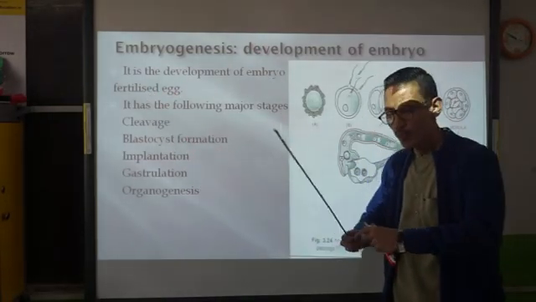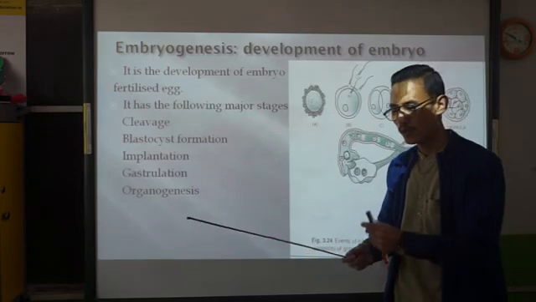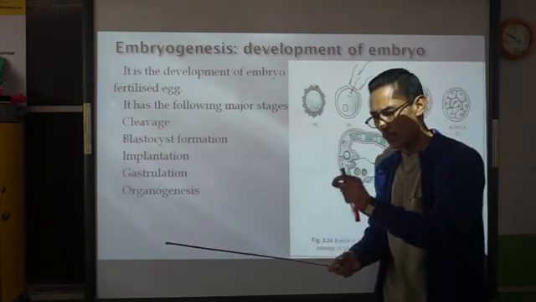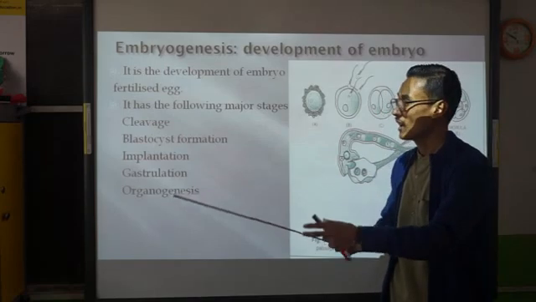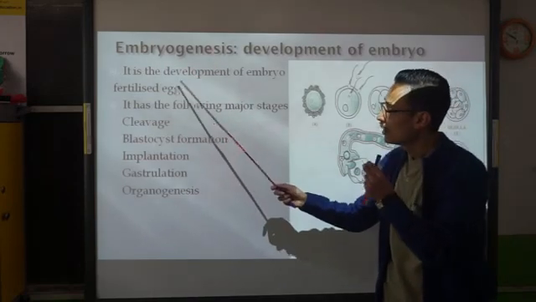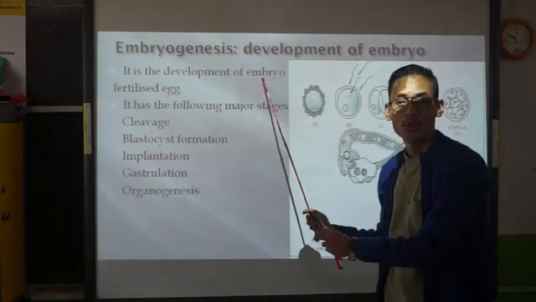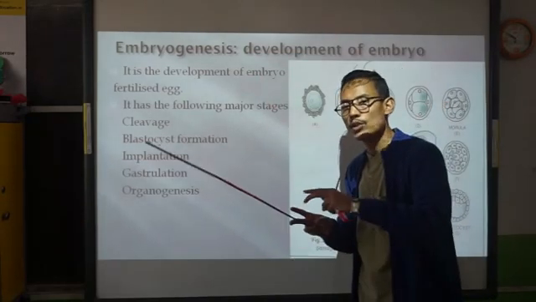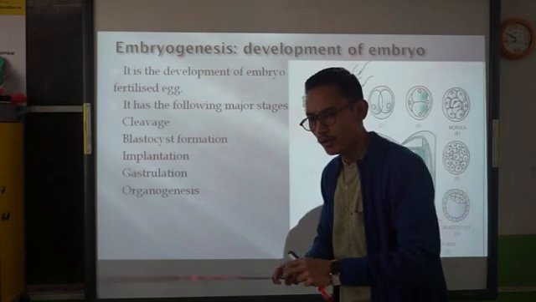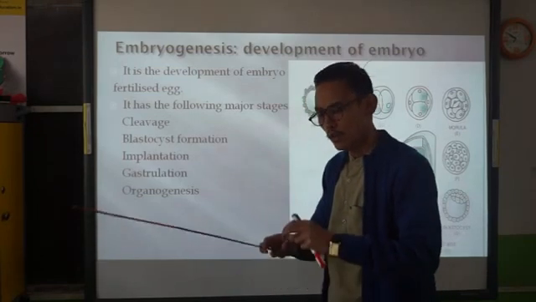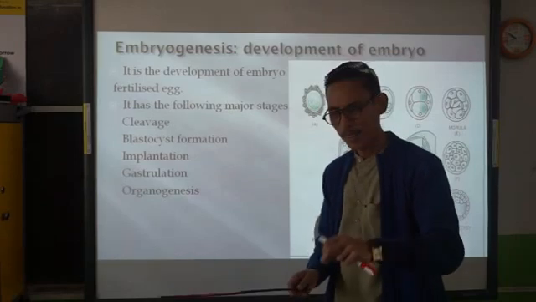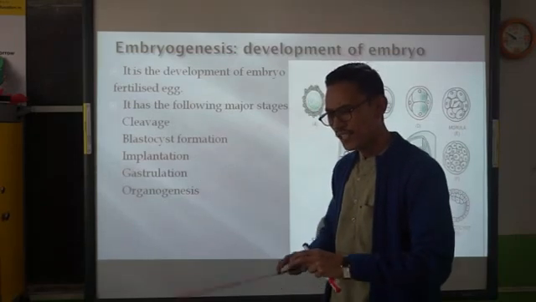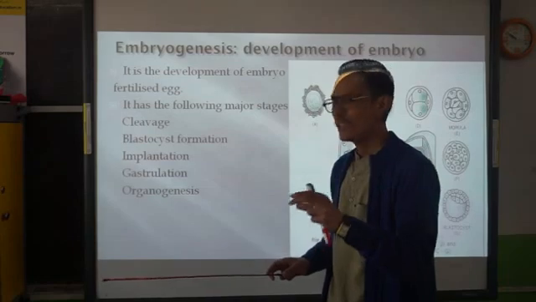So when the egg will be fertilized, when the egg will come in contact with the sperm, it will lead to the formation of a zygote. Now that zygote will develop into the embryo. So what is embryogenesis? It is the process where there will be formation of an embryo from a fertilized egg. Clear? Now we will see the type of events that occur during embryogenesis.